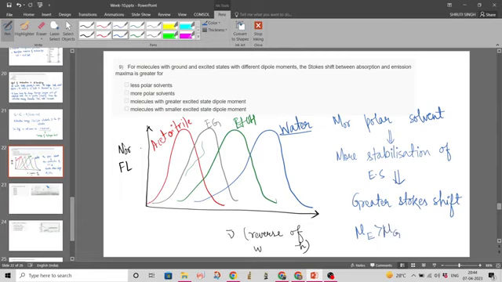So for molecules with greater excited state dipole, the Stokes shift will be more for more polar solvents.